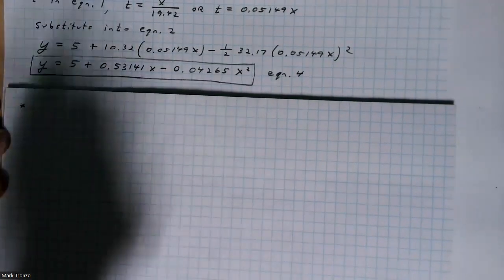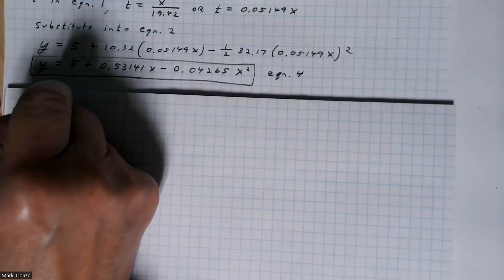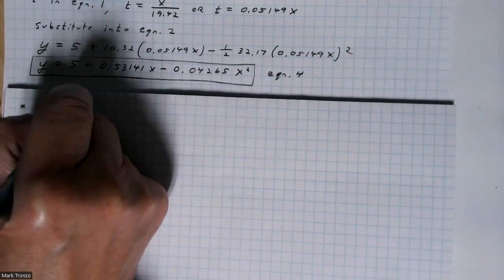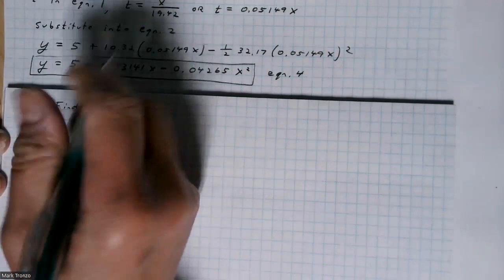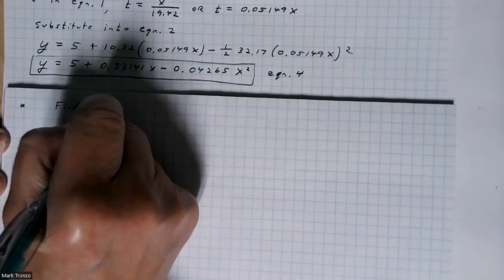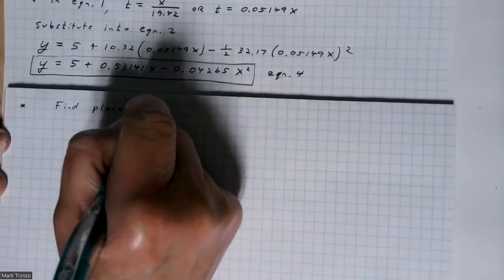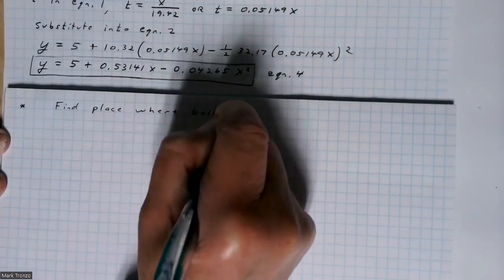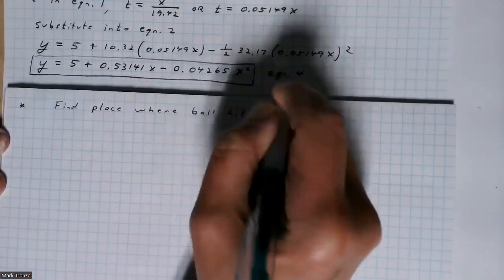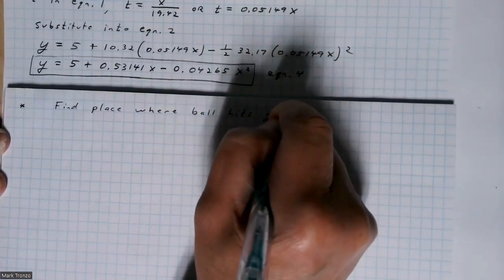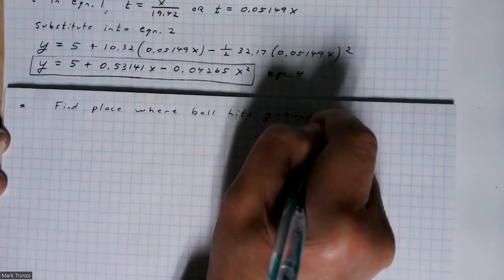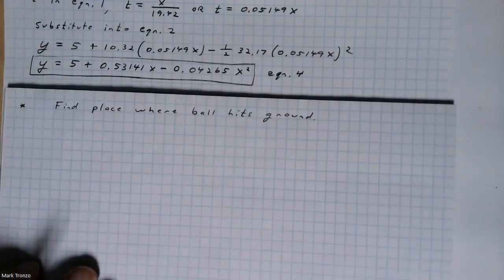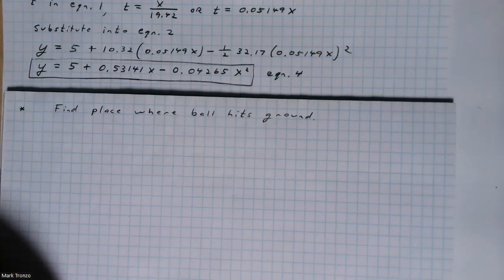Next, we want to find the place where the ball hit the ground. We're going to find that x value because it was asking what that position is.